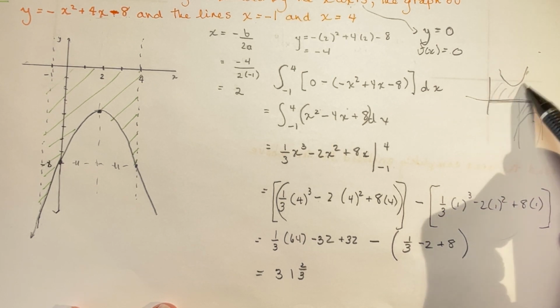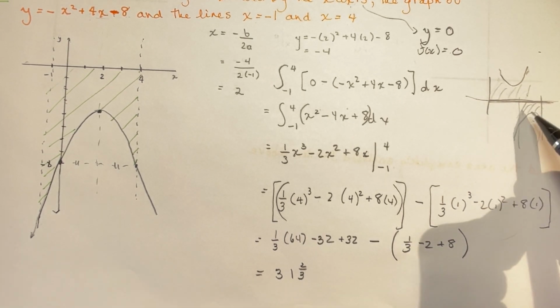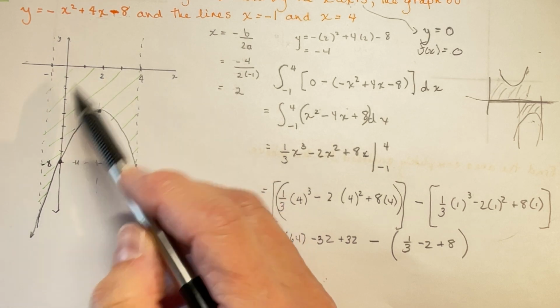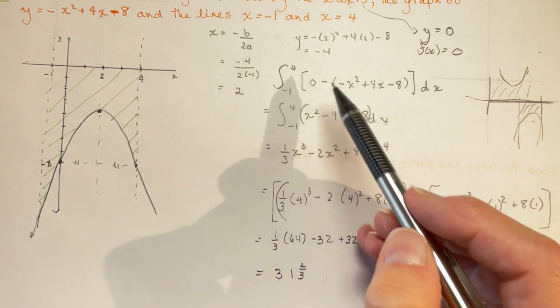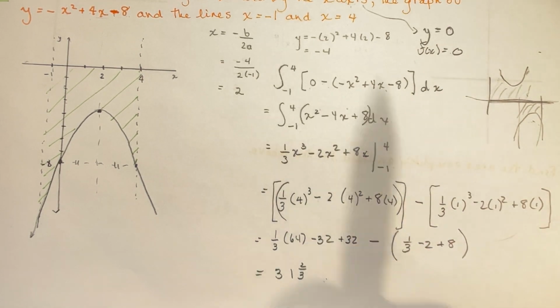And this one would have been this minus 0, so that's why this one was always positive. So think about that while you're doing these, especially where you have the x-axis. So you can see I got a positive answer, even though the area is below the x-axis, because I did 0 minus this. Okay, so just wanted to make that clear.